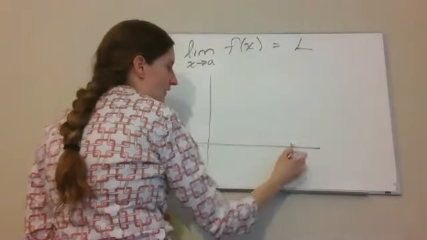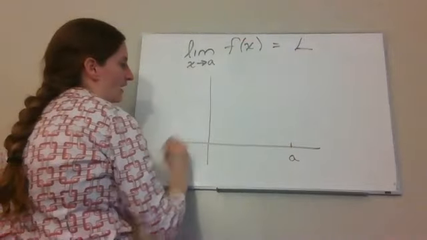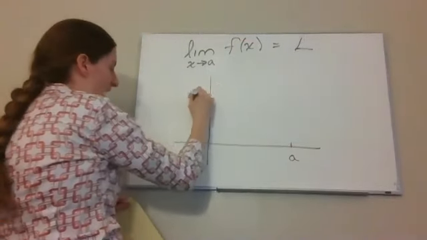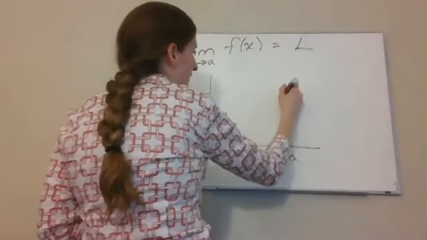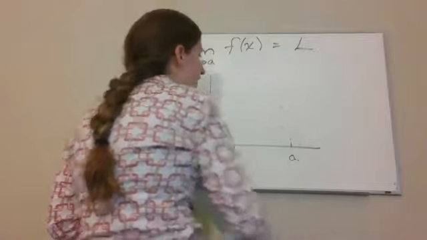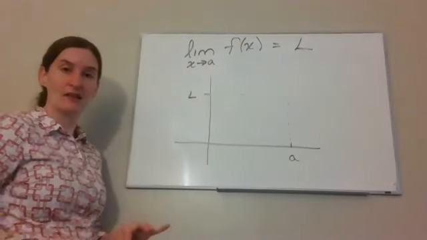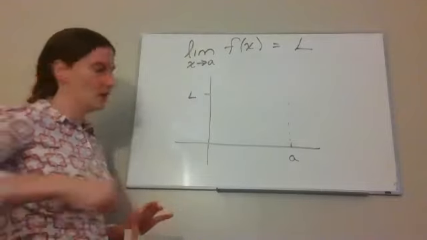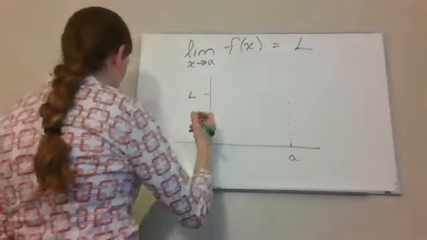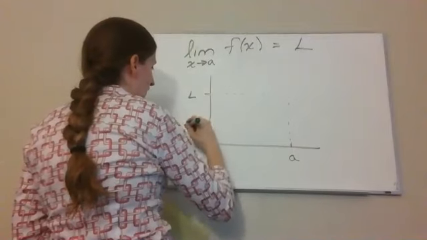So if this is the value A over on the x-axis, and I'm just going to say this is L over here, I'm going to draw an example of a function whose limit as x approaches A is L. So I'm just going to draw a nice function. It doesn't matter what it looks like.